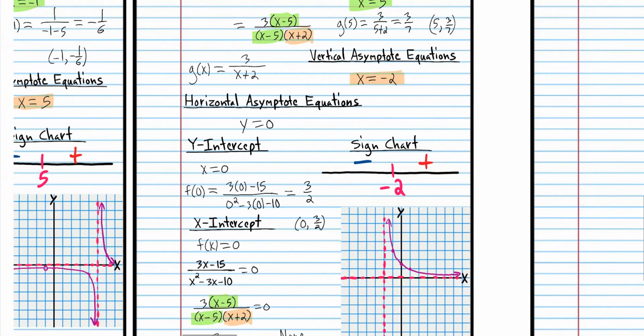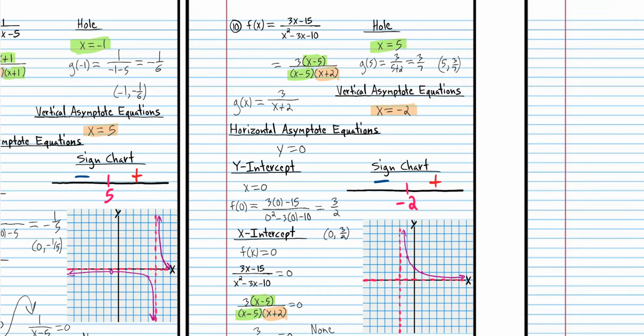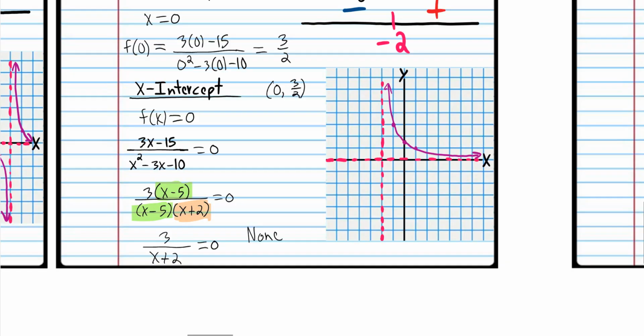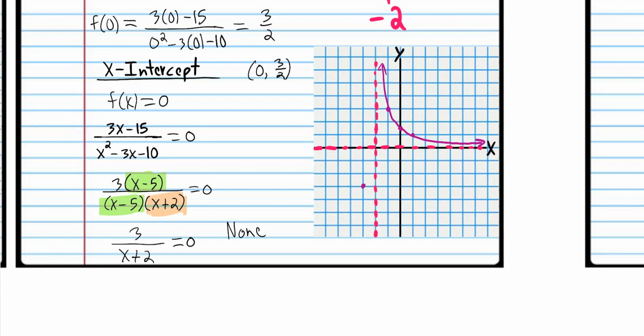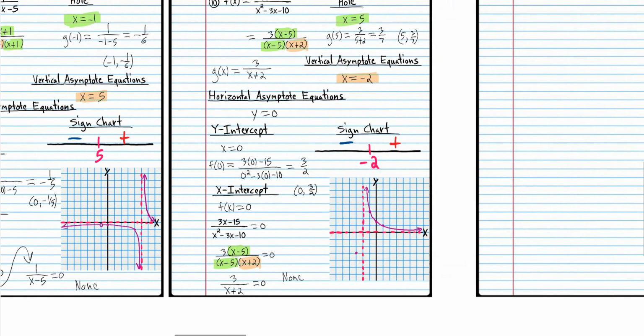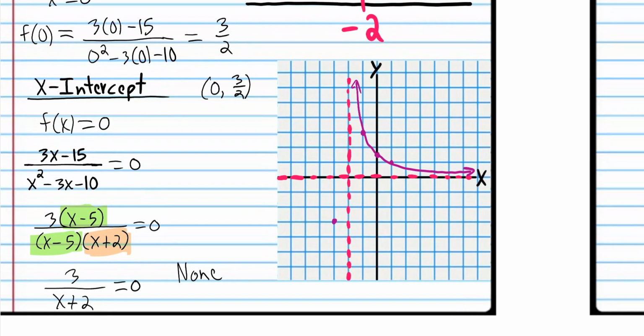Now let's plug in -3, and we get -3, it looks like. And let's plug in -5, and we get -1. And that gives us everything we need to graph.